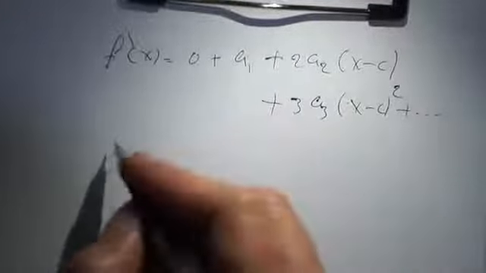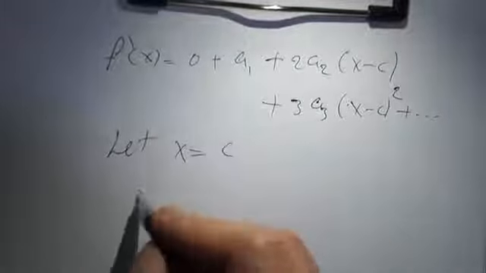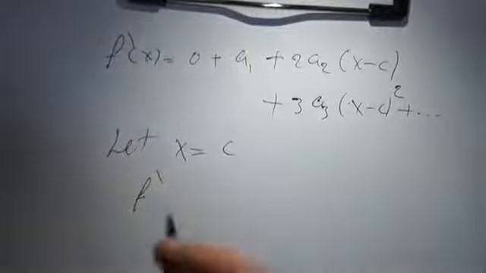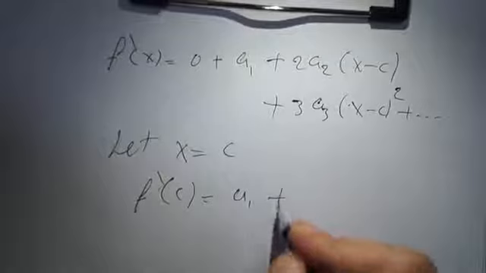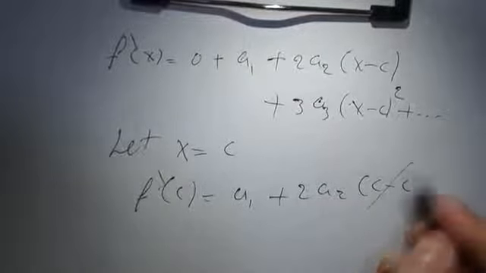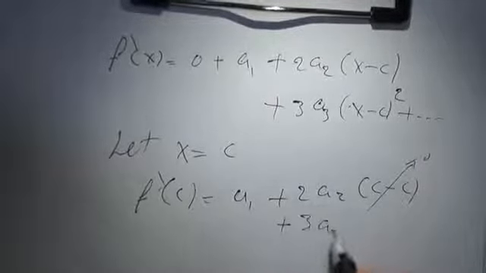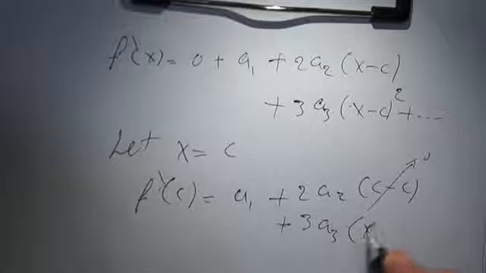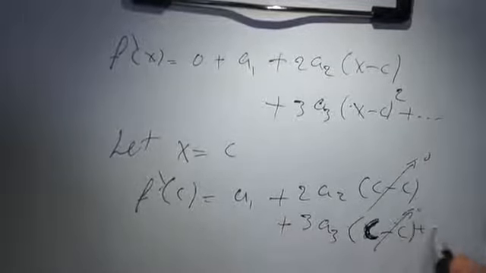Now to get a1, let x equal c، بالتالي f prime at c equal a1 plus 2 a2 c minus c, which is going to be 0, plus 3 a3 c minus c, which is 0, and so on.